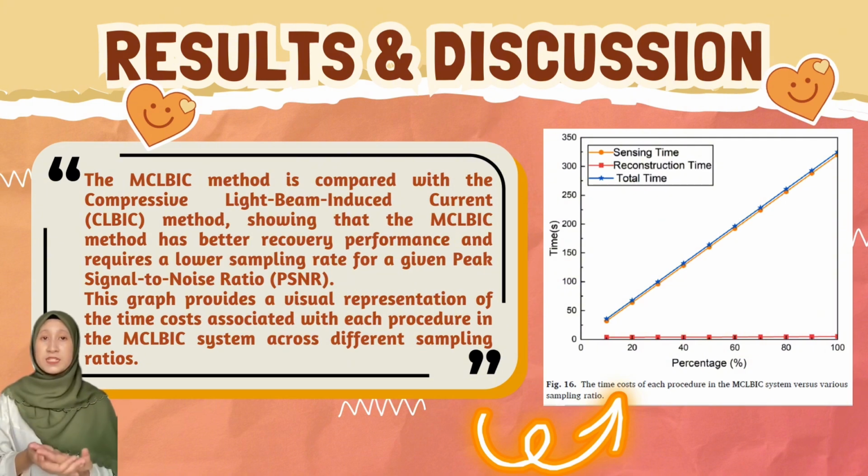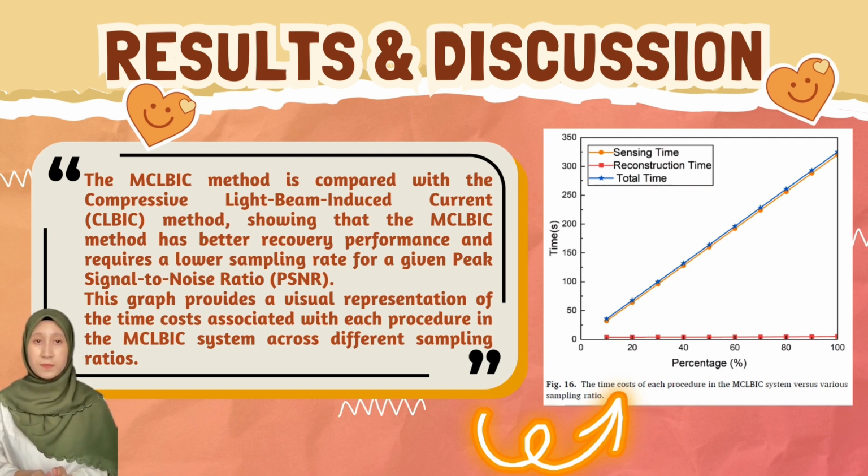This graph provides a visual representation of the time cost associated with each procedure in the MCLBIC system across different sampling ratios. It demonstrates the efficiency gains achieved by the MCLBIC method and its accelerated detection speed compared to the CLBIC method.